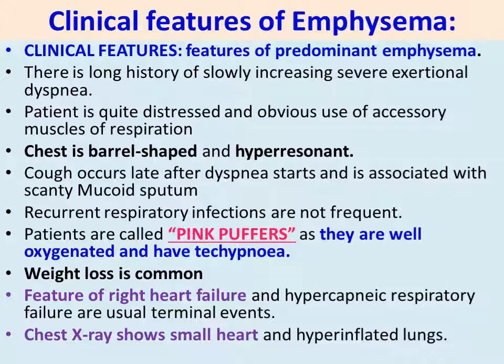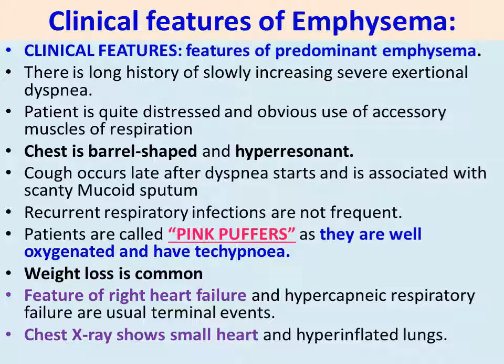Cough occurs late, after dyspnea starts, and is associated with scanty mucoid sputum. Recurrent respiratory infections are not frequent. Patients are called pink puffers, PP. Previously, chronic bronchitis was BB, whereas this one is PP. They are pink puffers as they are well oxygenated and have tachypnea.